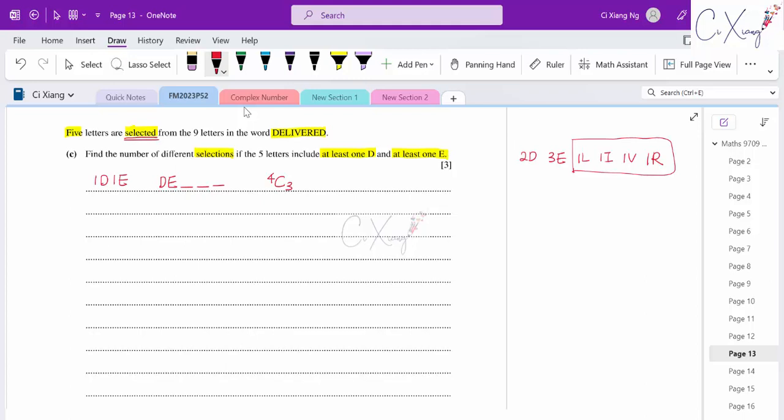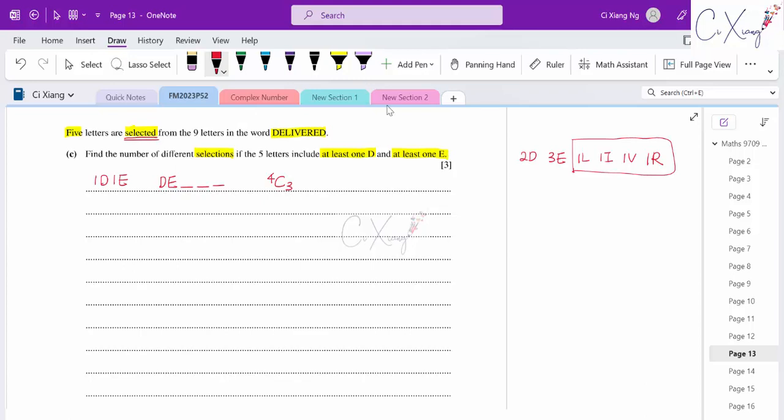I'm not going to consider the selection for D and E because all the D and E are identical. So no matter which selection I choose, they are still D and E. So I'm not going to consider the combination for D and E, but only consider the selection for the other letters, which are not identical.